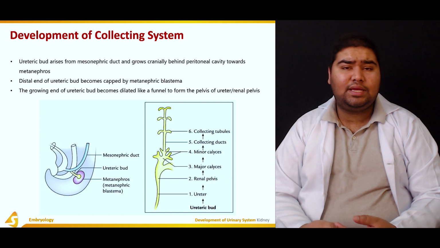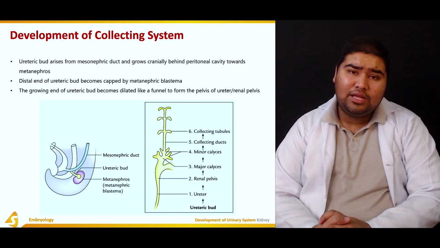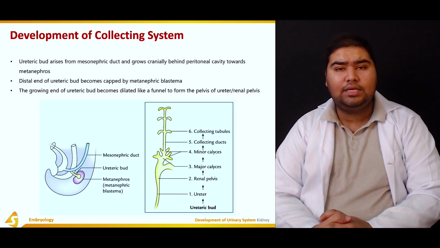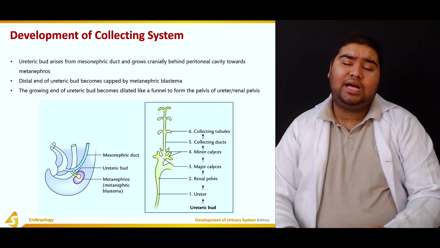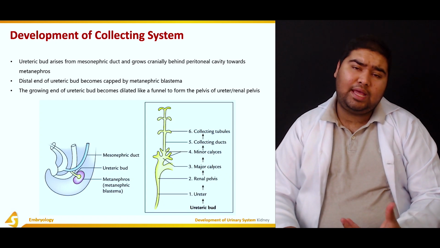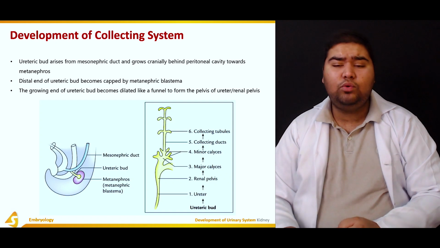The minor calyces undergo further divisions, which are known as the collecting ducts, which undergo further subdivisions to form the collecting tubules. These collecting tubules come in contact with the secretory portion of the kidney, and hence the collecting portion and the secretory portion are connected to each other.